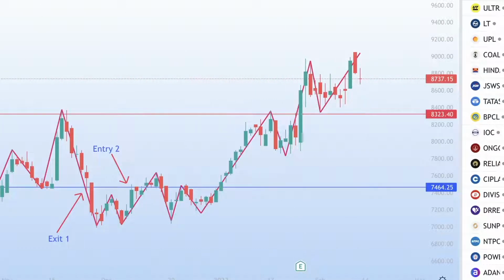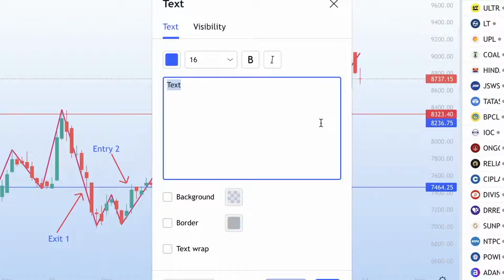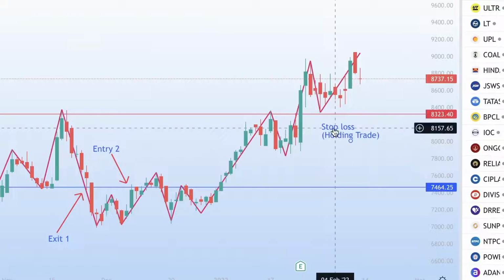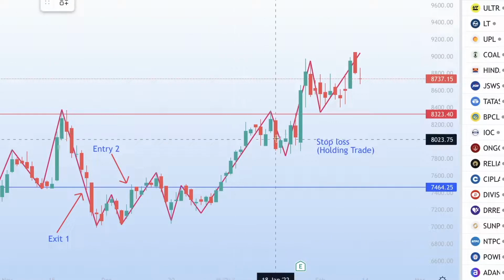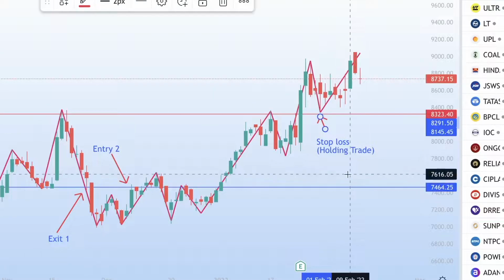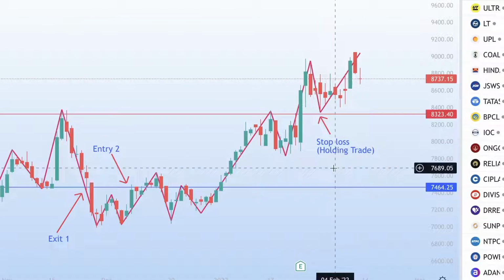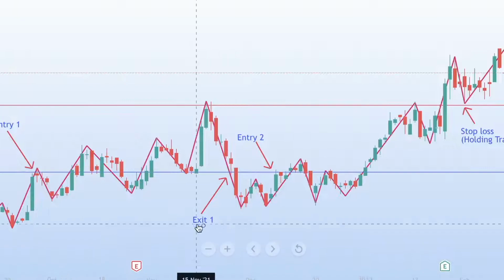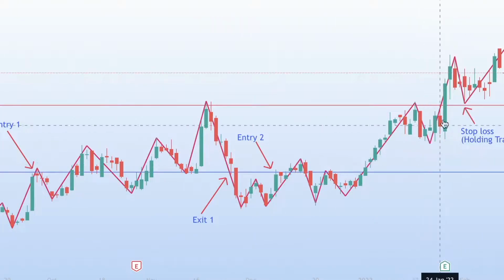So you can go to the tool and mention stop loss, holding trade because we haven't exited. And you can mark it again. This is done. We have entry one, exit one, entry two, and then we are still holding the trade.